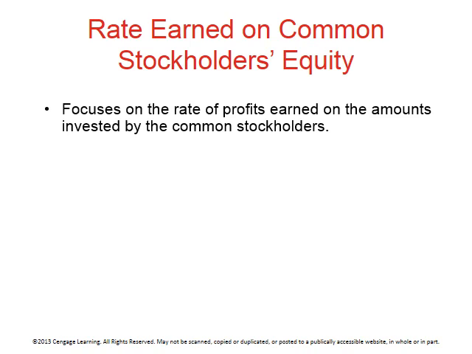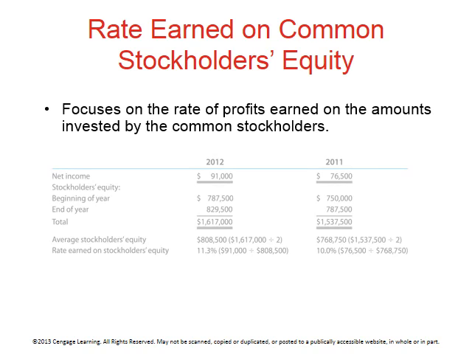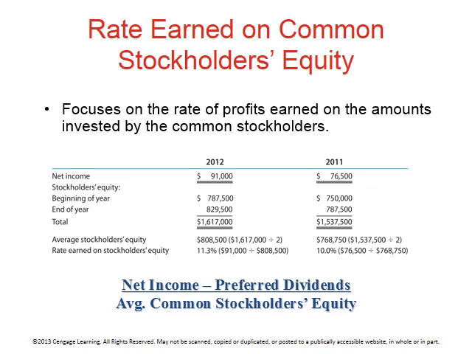So now we'll look at the rate earned on common stockholders' equity. So this is the rate we earn on investments by common stockholders. So we're going to again take our net income, and then we're going to look at our stockholders' equity, but we're going to look at common stockholders' equity.